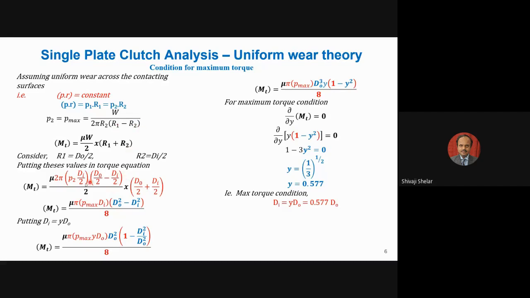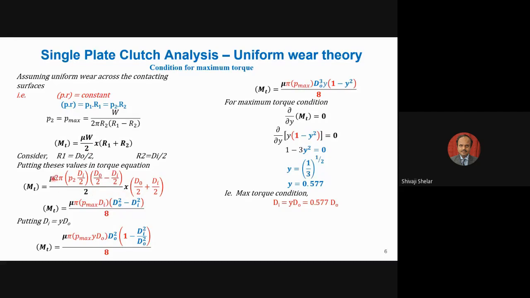So mu W is completely written here, with W equal to P2 into this value. Then R1 is dO by 2 and R2 is di by 2, so a plus sign will be there and divided by 2 as it is.